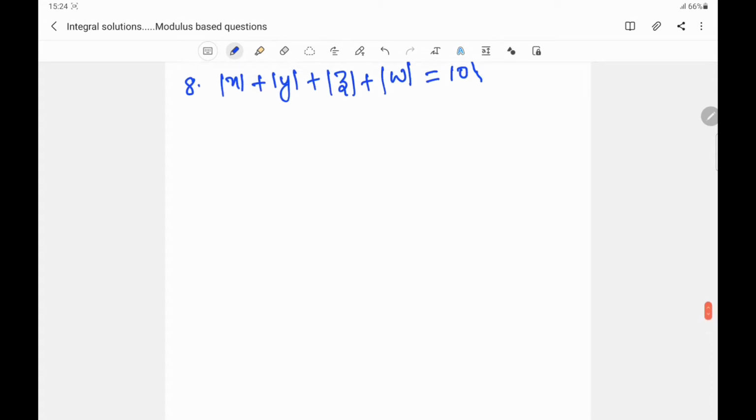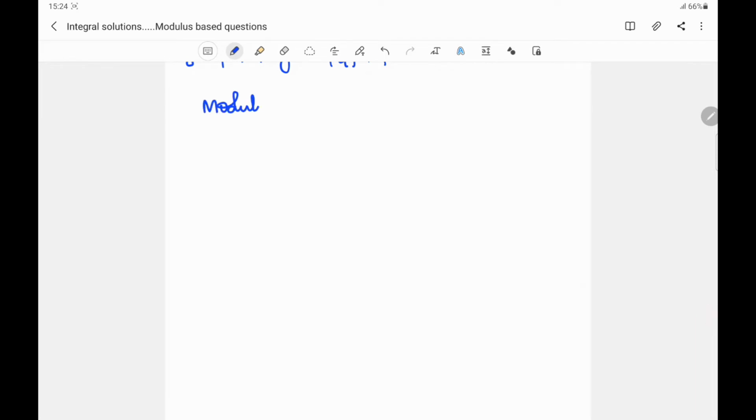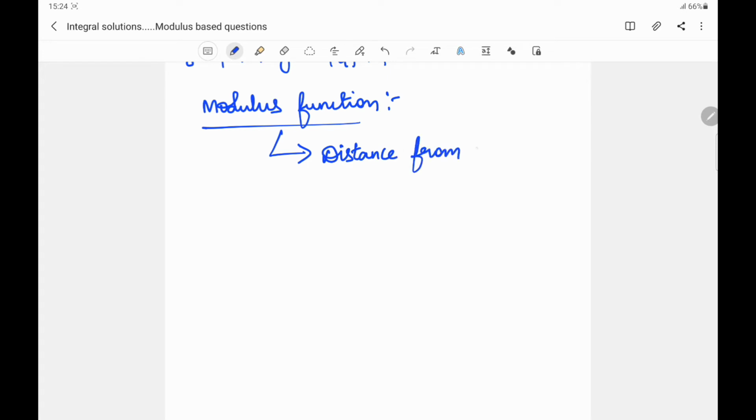So, modulus function means distance from a given point. This is the meaning of modulus.